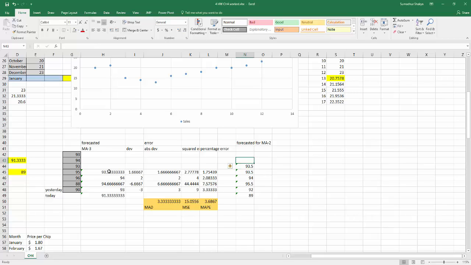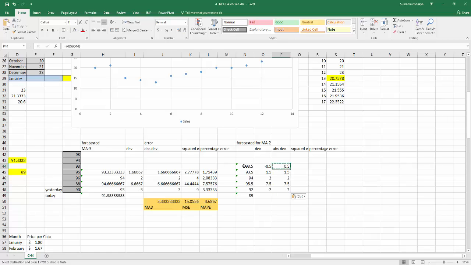Okay. Now if this is the case, then I can repeat the same process by calculating the deviation, which would be in this case actual minus forecasted, up until this point, and then I can calculate the absolute values of these.